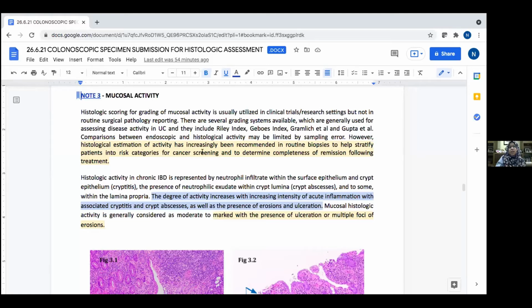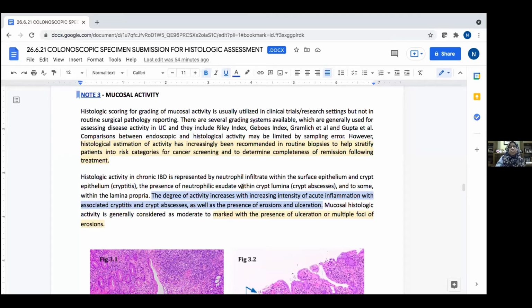Generally, we do not score the degree of activity, except in research settings. I've been asked by clinicians regarding this, and I say we do not do it routinely. I don't do it unless in research settings.